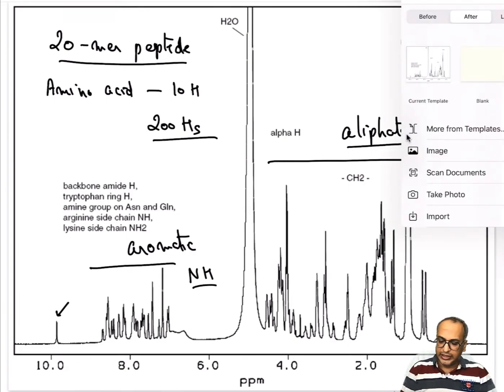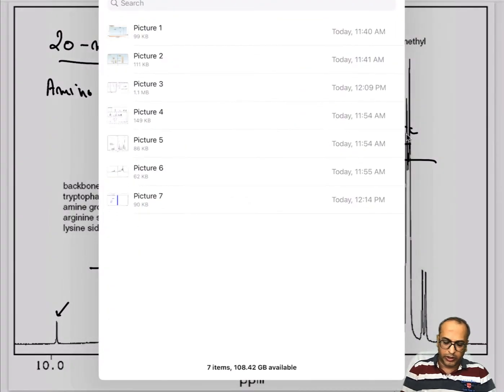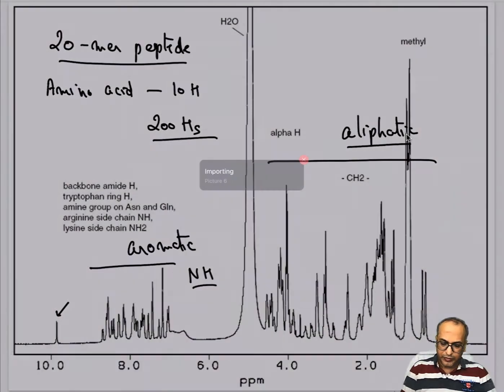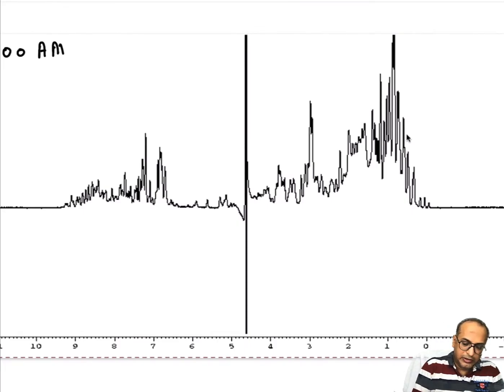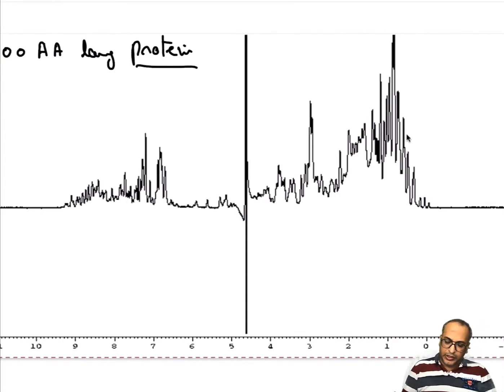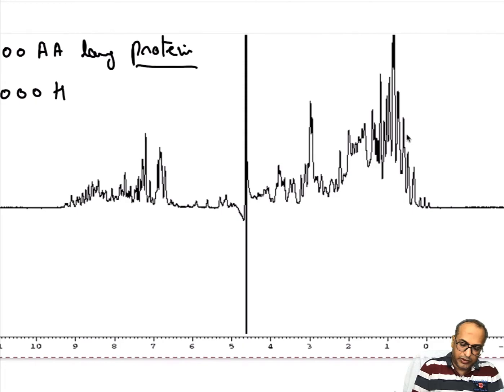Okay, so let us see if we go for a more complex molecule than this. Now this is the spectrum of a 100 amino acid long protein. For 100 amino acids you should have 1000 hydrogens.